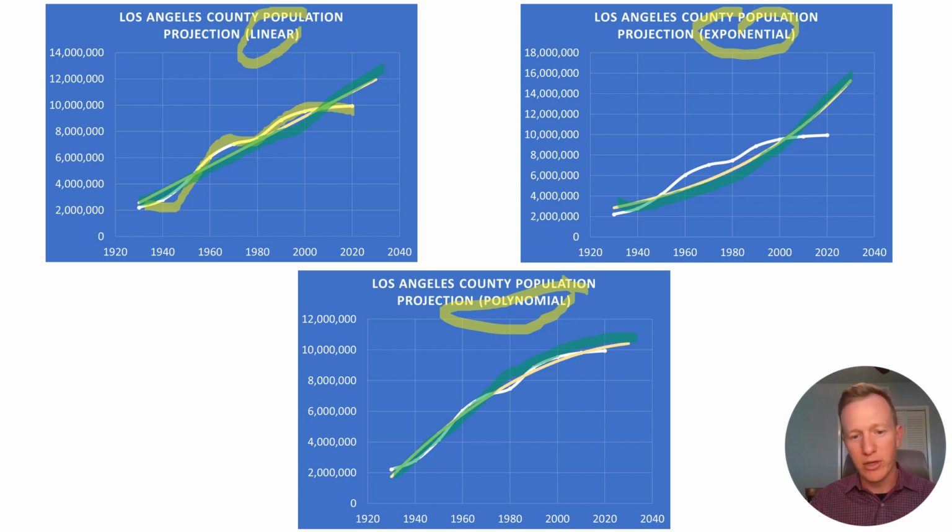And in the polynomial approach, we see that these 2 lines are the closest, and so that's most likely going to be the best trend line to follow. And so we would expect in 2030 that the population of LA is going to be closer to around 10.5 million maybe, rather than what we see at the exponential line, which is closer to 16 million, or 12 million in terms of linear growth.